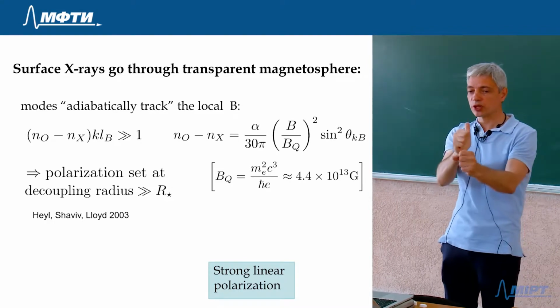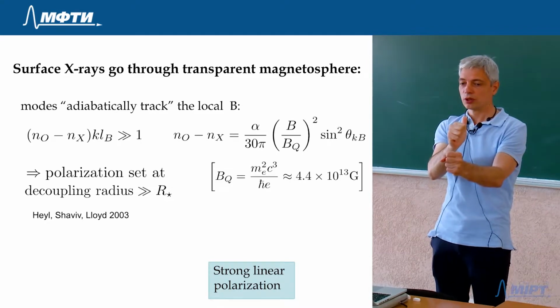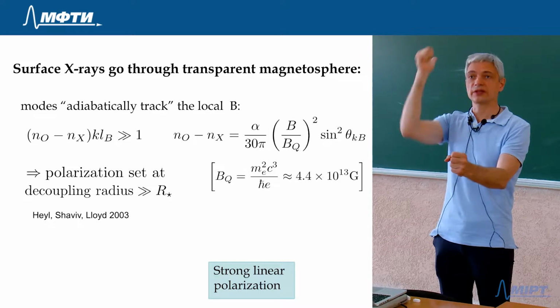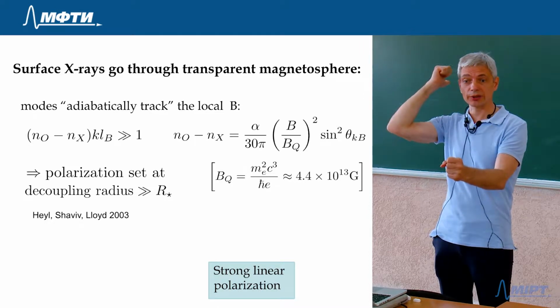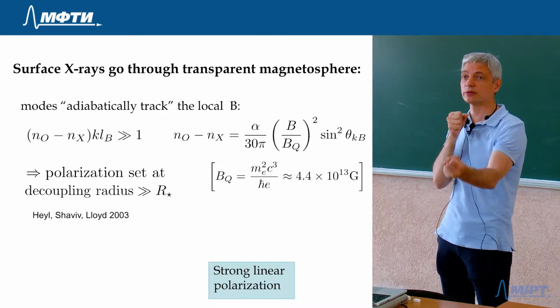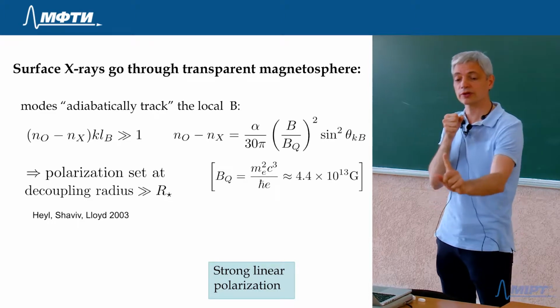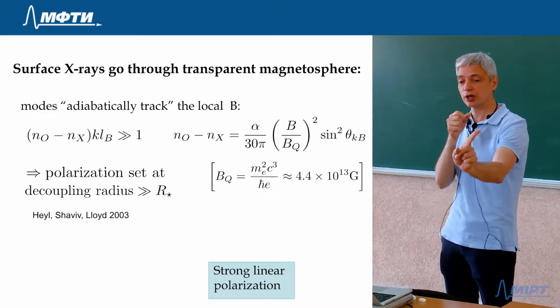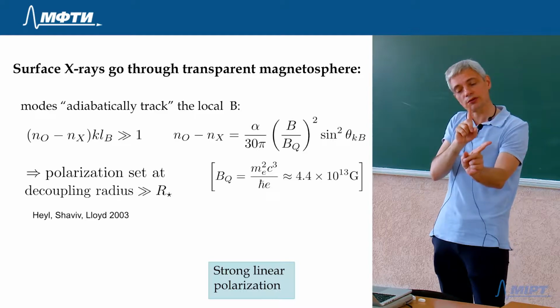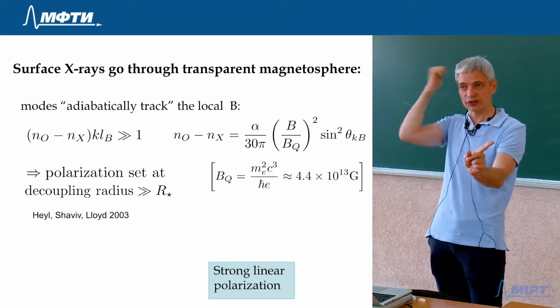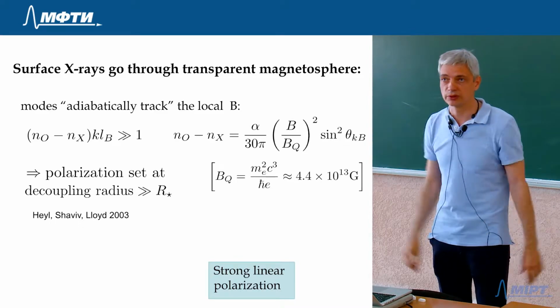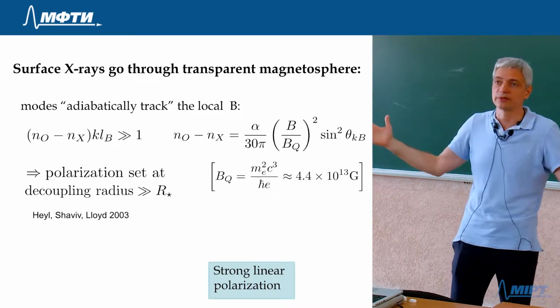The observed polarization of that photon will be set by the surface where you have this decoupling. It will not carry the information about the polarization at the surface, or rather the magnetic field direction at the surface. Its polarization will reflect the magnetic field direction at this decoupling radius, which is 100 times bigger than the star, where the field is roughly dipole.